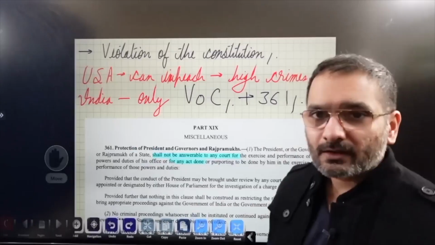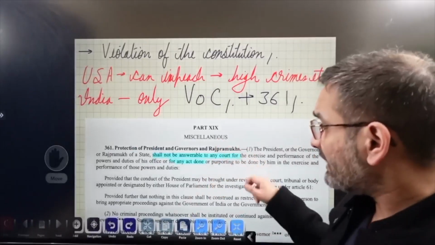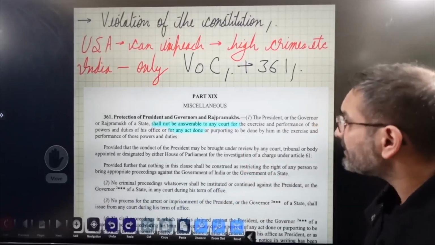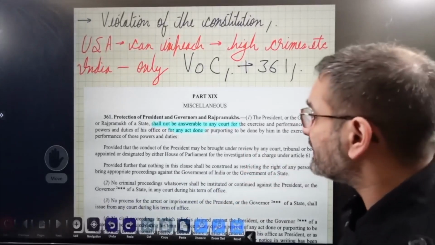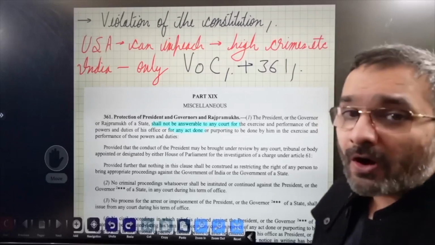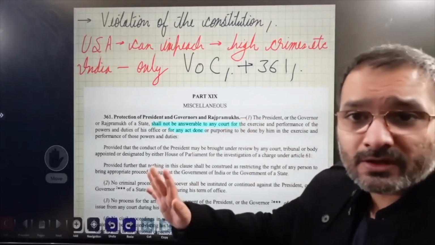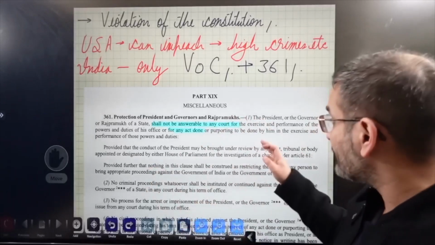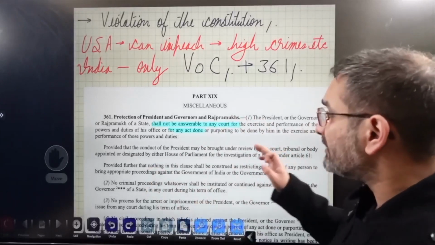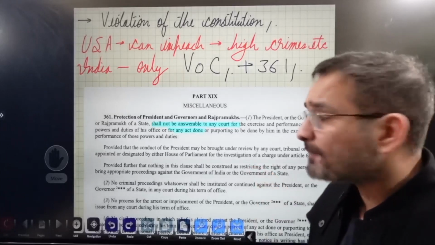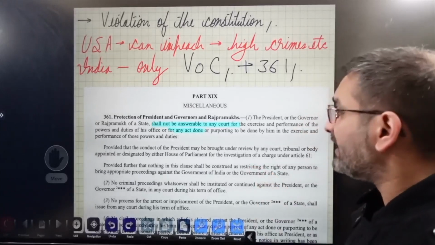And let's take a close look at Article 361. Protection of President and Governors and Rajpramukhs. The President or the Governor or Rajpramukh of a state shall not be answerable to any court, meaning even the Supreme Court can't come in his way, for the exercise and performance of the powers and duties of his office, or for any act done or purporting to be done by him in the exercise.